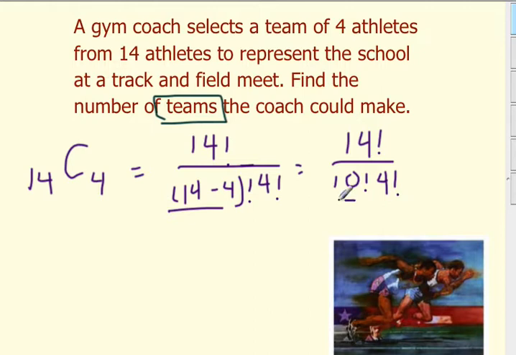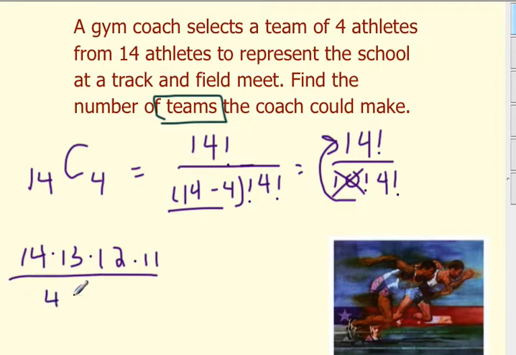So 10 is the larger factorial. So everything from 10 on down is going to be taken care of. So left up top, we have 14 times 13 times 12 times 11, and everything else from 10 on down is going to be taken care of here. So then left over, I have 4 times 3 times 2 times 1.